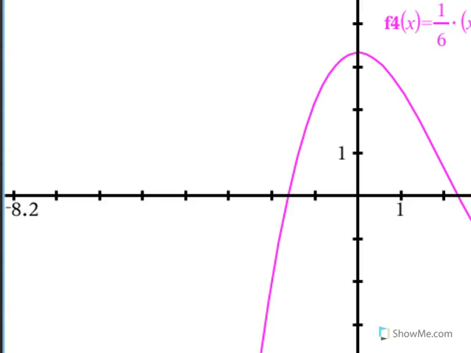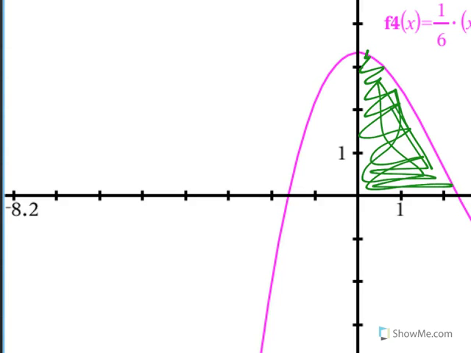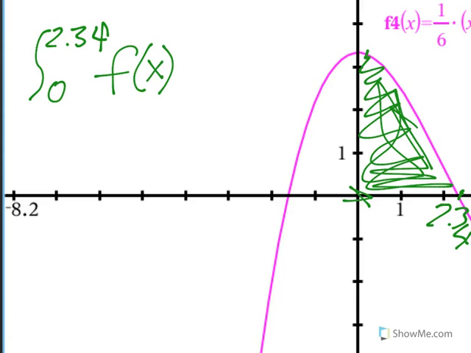So as we've seen, if you wanted to find the area from this section, you would take the integral from 0 to 2.34, which is this point here, of our equation f of x dx, and that will give you a positive number.